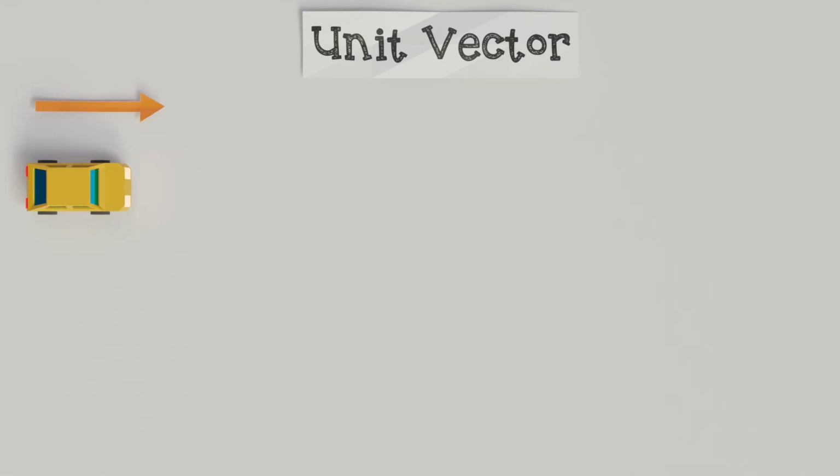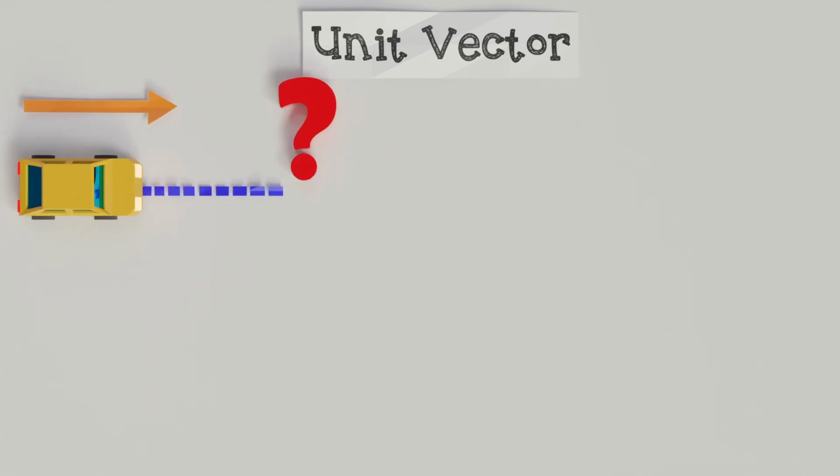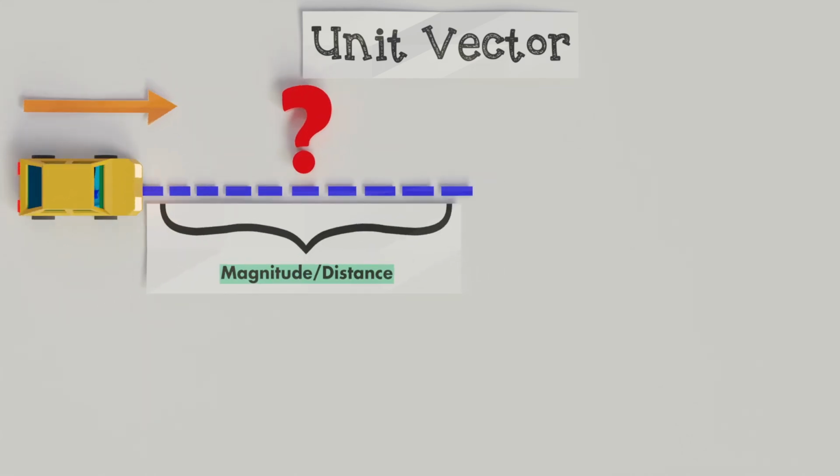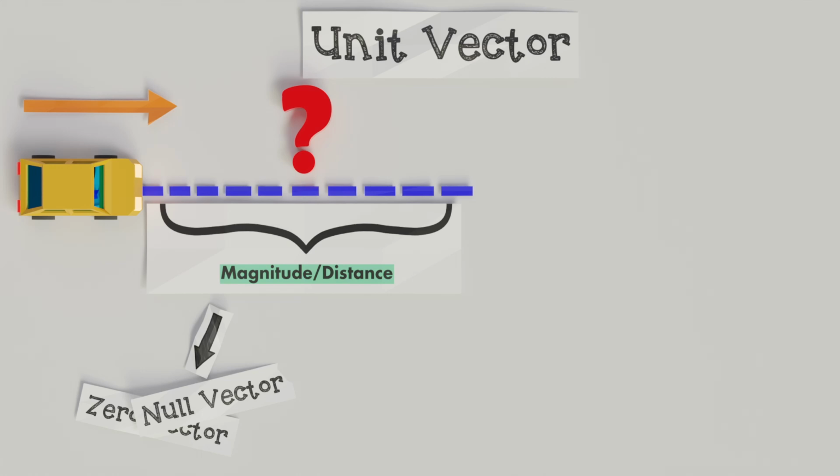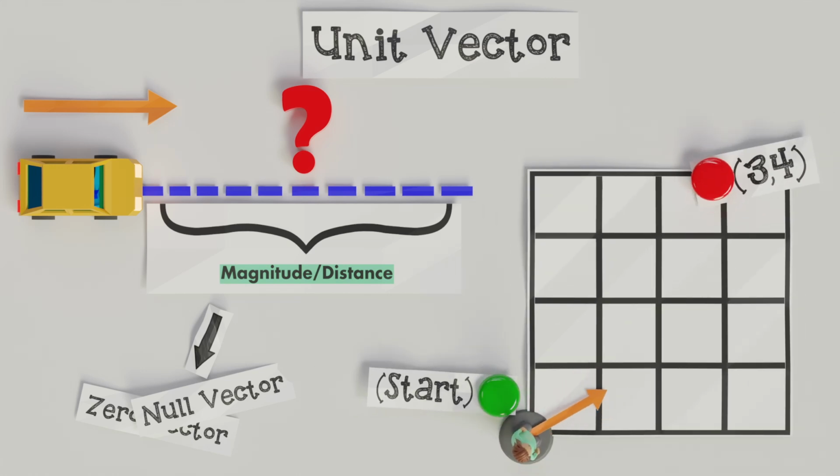A unit vector is a vector that has direction but no specific magnitude. Technically, it's referred to as zero or null vector, the distinction being zero vector provides no information about the distance, while unit vector tells you to take one step in that direction. In practical terms, a unit vector is kind of useless in itself.